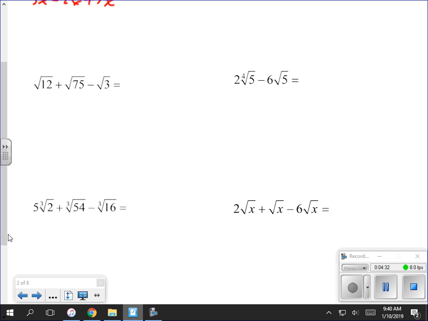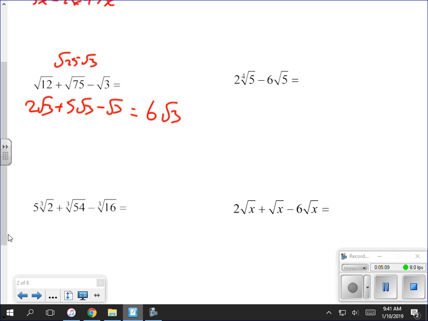So for example, the square root of 12 is 2 root 3. Square root of 4 times square root of 3, 2 root 3. The square root of 75, well, that's the square root of 25 times the square root of 3. So that's 5 root 3 minus 1 root 3. So 2 root 3 plus 5 root 3, that's 7 root 3 minus 1 root 3. That gives me 6 root 3s.